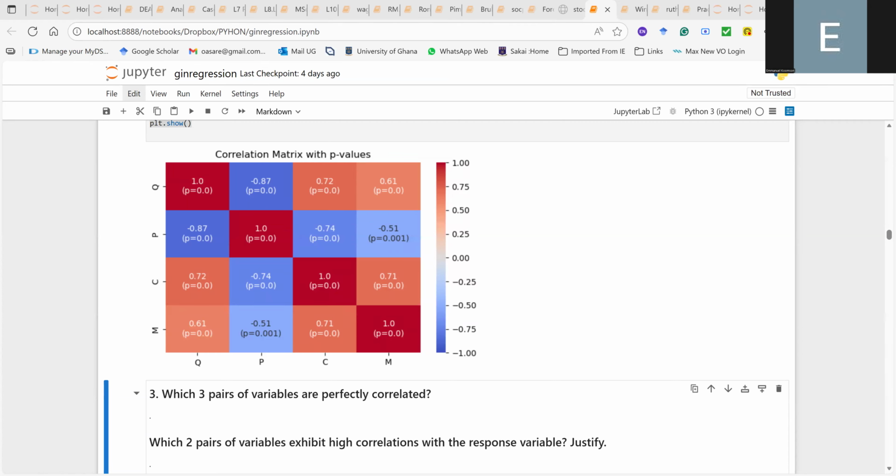If the correlation is significant, then the p-value is less than 5%. So the one with the most zeros is the most significant. Did you get it? Yes. The one with the most zeros. Okay. Any other?